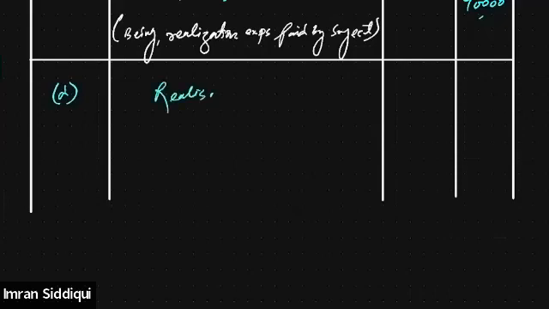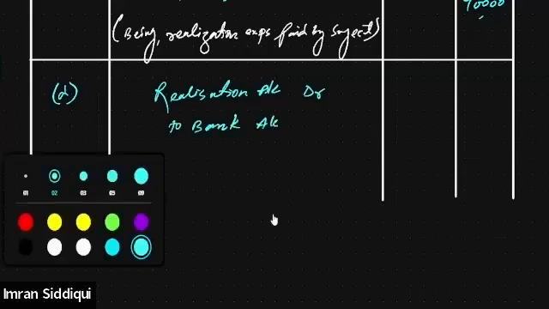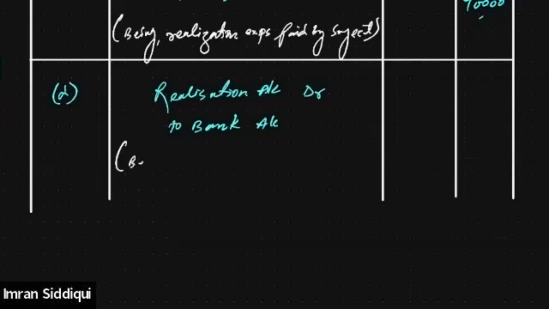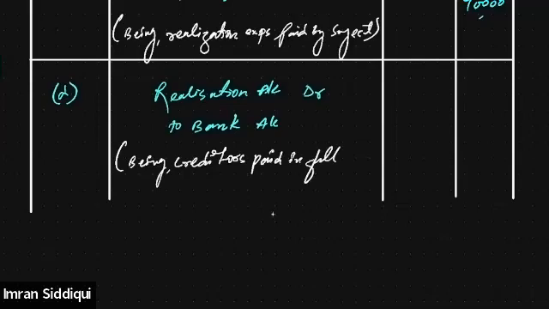Realization account debit to bank account, and the narration will be creditors paid in full settlement. And the amount will be 4,50,000.